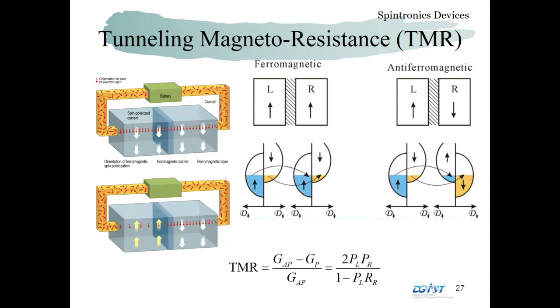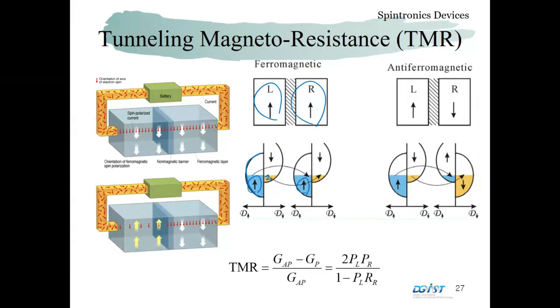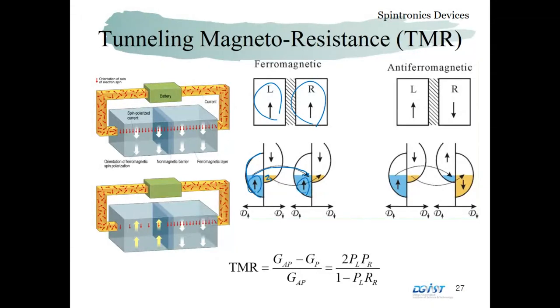So let's think about this simple density of states for the ferromagnetic layer. When they are parallel, the band structure of the ferromagnetic layer is something like this: this is the majority and this is the minority band. And when tunneling occurs, they conserve the spin direction, so spin up can tunnel only to spin up, and spin down can tunnel to spin down.